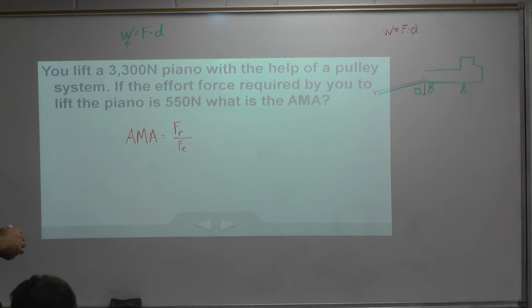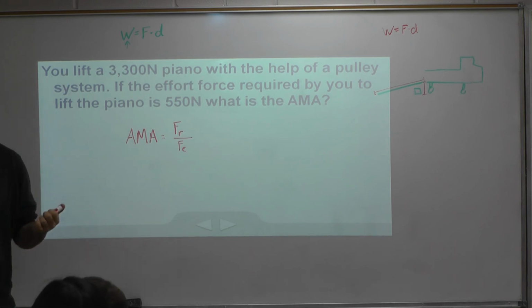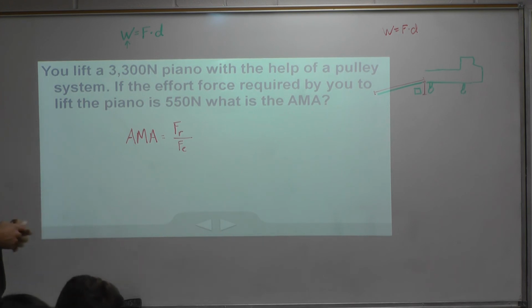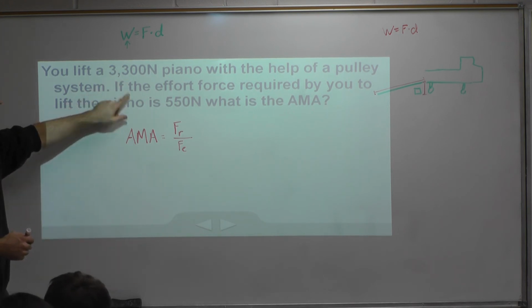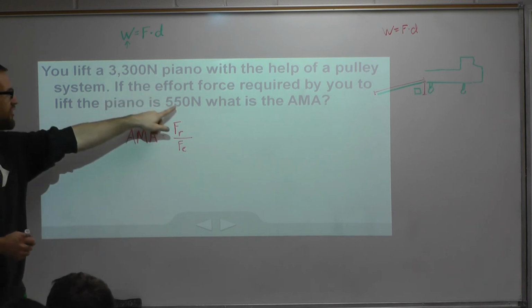So again, you start thinking, well, which number is which? Well, think about it. What's the purpose of a simple machine? To make it easier. Okay, that means you want an advantage. Well, what number would have to go on top to give you an advantage? The bigger number. Okay, also, I think you can understand that that's the weight of the piano. And then it says the effort force is.